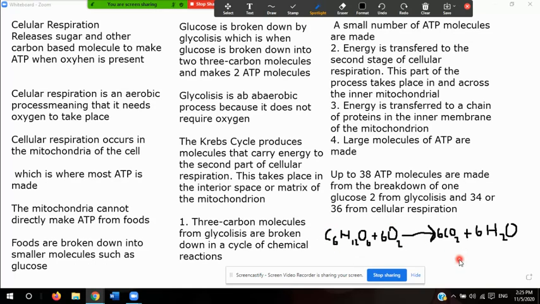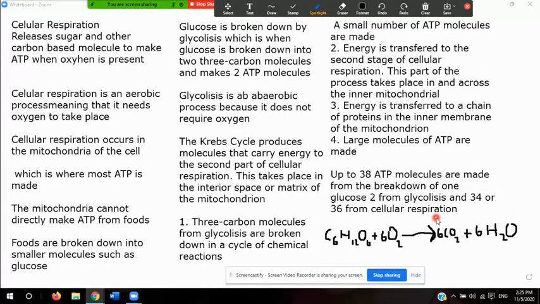Once cellular respiration is done, the 36 to 38 ATP molecules are made. The carbon dioxide and water, which are basically waste products of cellular respiration, are then needed so that plants and other organisms can undergo photosynthesis.